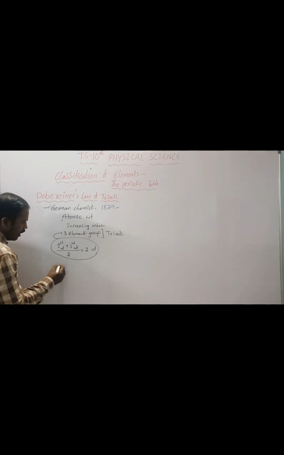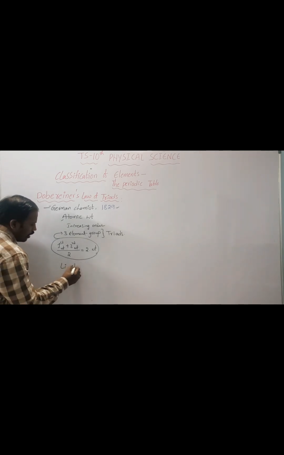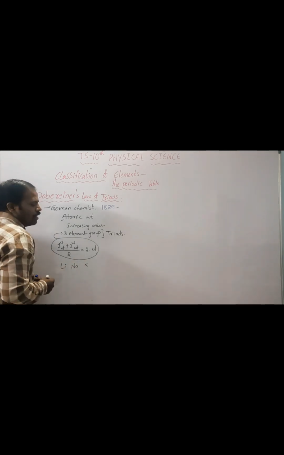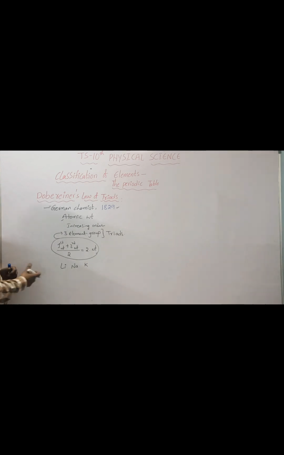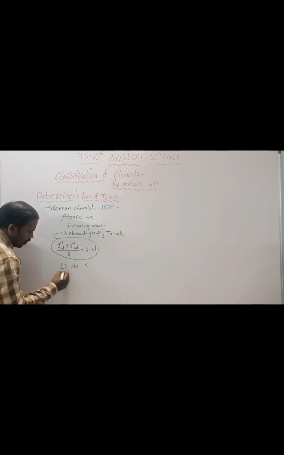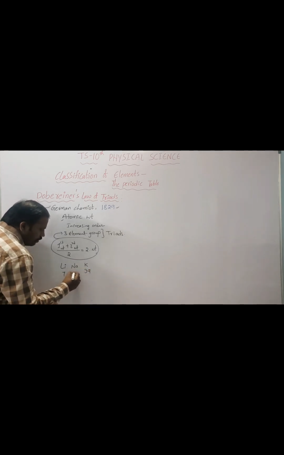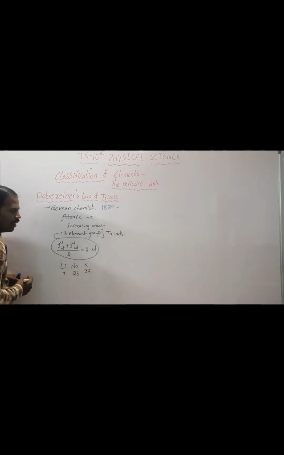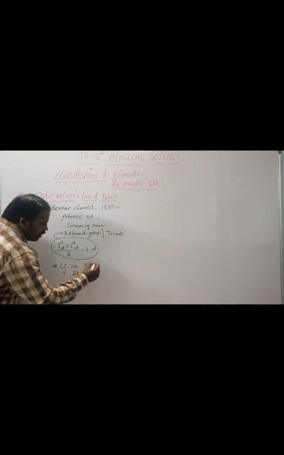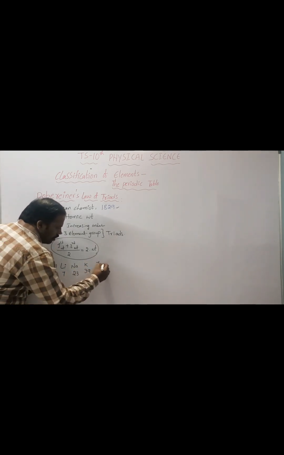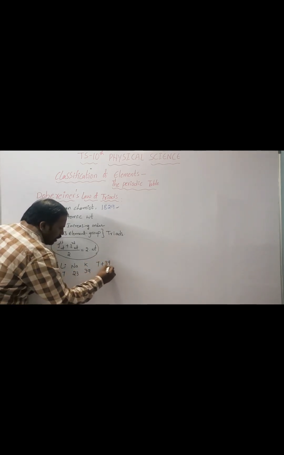A simple example is lithium, sodium, potassium. The atomic weight of lithium is 7, potassium is 39, and sodium is 23. Is it a triad or not? We have to check. The first element's weight is 7 and the third element's weight is 39.